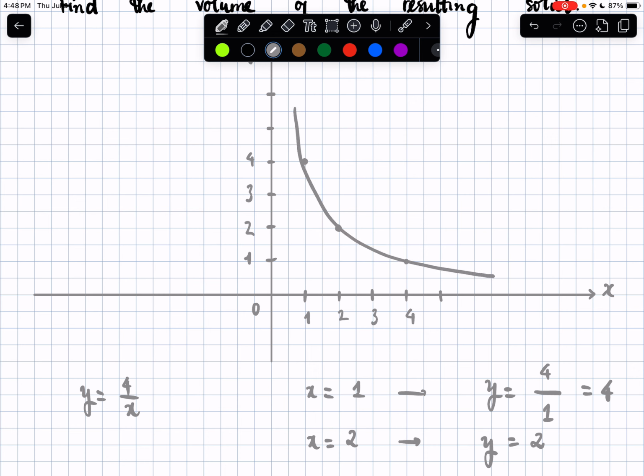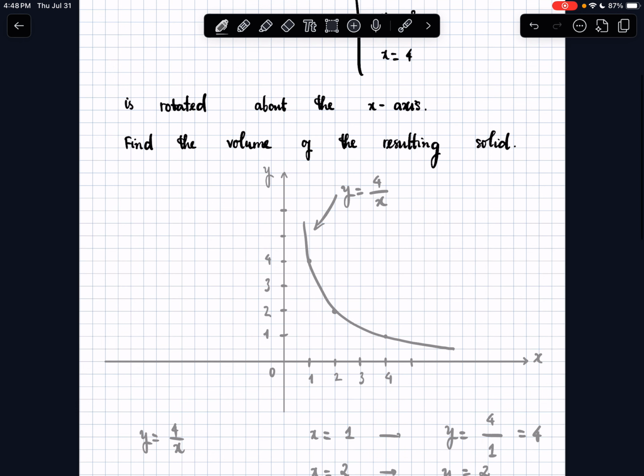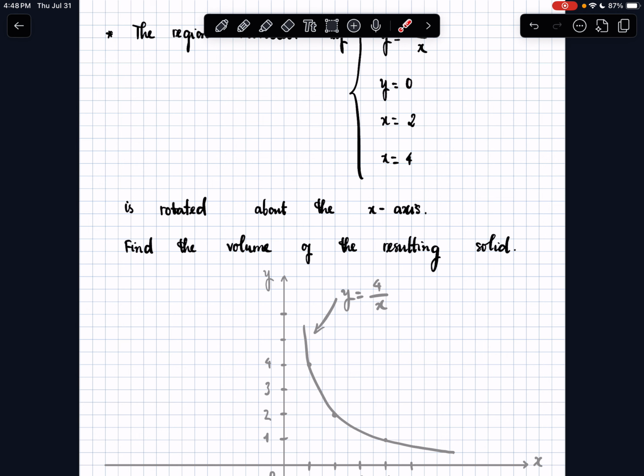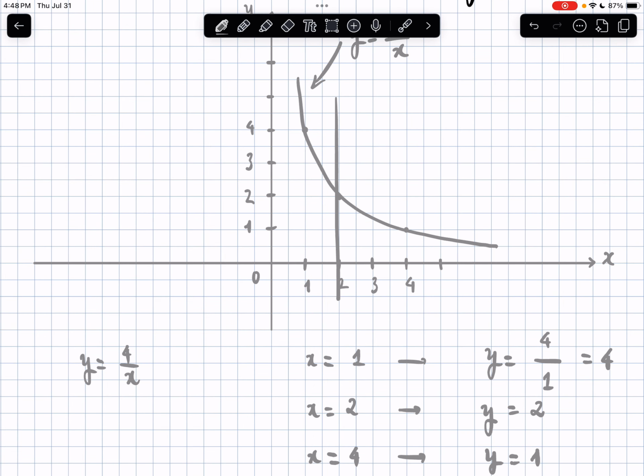So it looks like this. So this is y equal to 4 divided by x. We only need that between 2 and 4. X equal to 2 and x equal to 4 give us the two vertical lines.